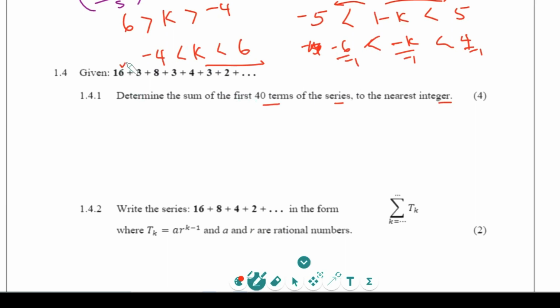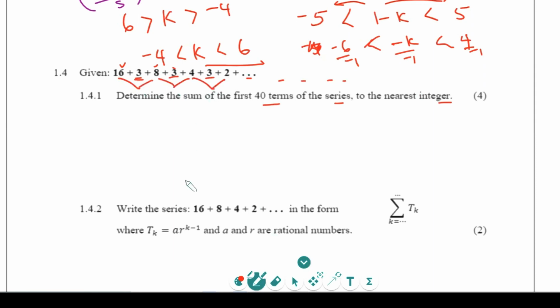It's like we have 16, then we have a 3, then 8, then a 3, then a 4, then a 3, then 2, so in other words, we have 2 sequences in one. There's a pattern of just the 3s alone. The 3s will continue. And then 16, 8, 4, and then 2.